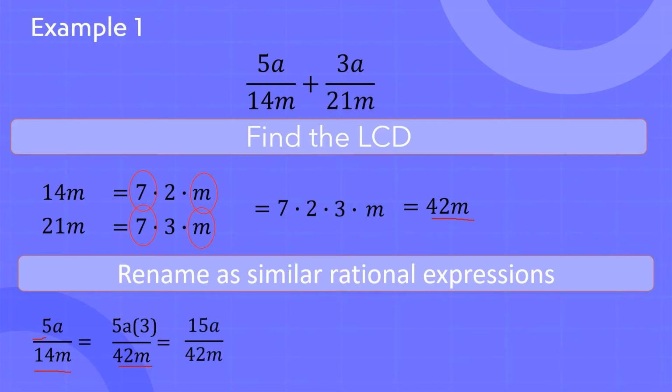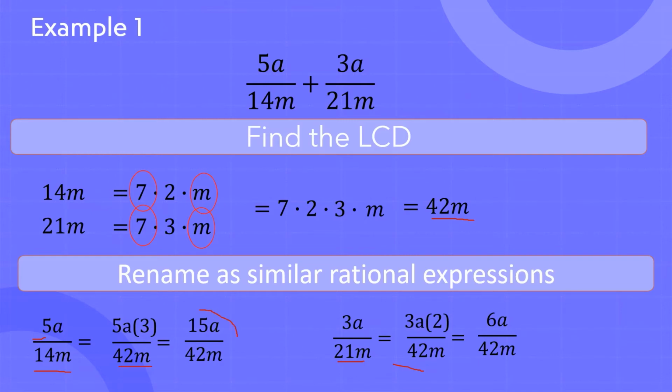And 5a times 3 is equal to 15a. Okay, so we have now 15a over 42m. Then, on the second expression, we have 3a over 21m. Okay, so 42m divided by 21m is equal to 2. Then multiply it by 3a. So 3a times 2 is equal to 6a over 42m.